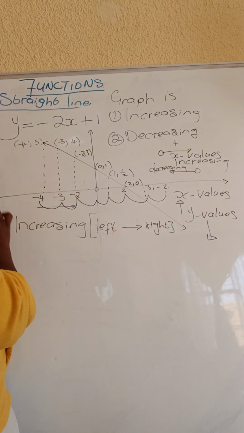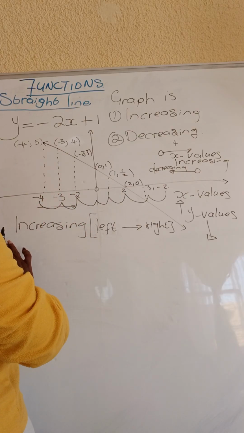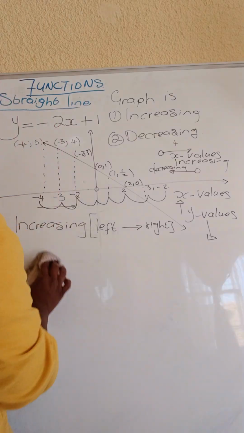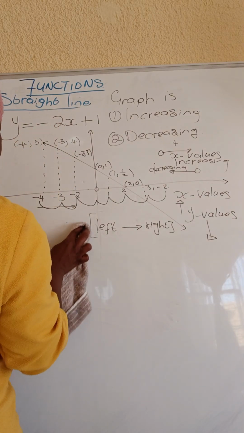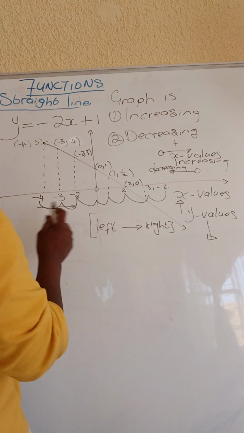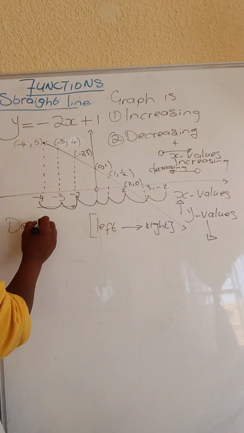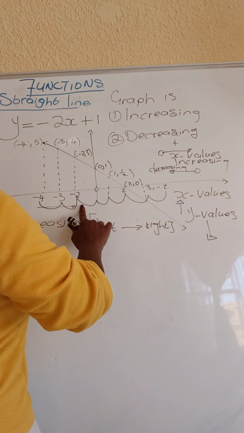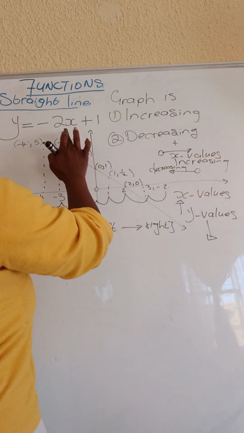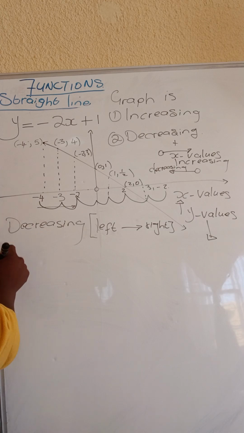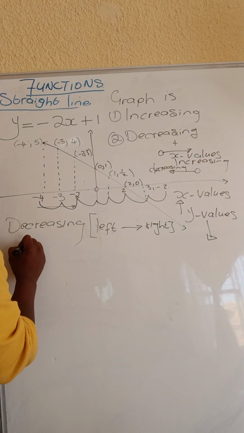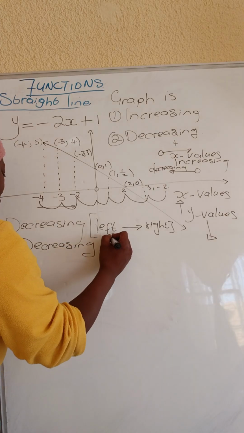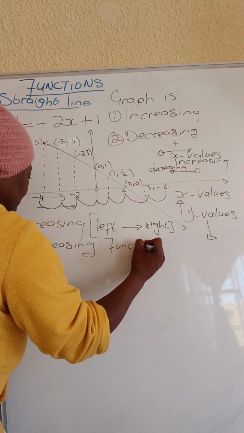This is a decreasing function. I don't know why I wrote increase, so I'm going to write decreasing, because I'm discussing a decreasing function now. As my x values are increasing, my y values are decreasing, and we call that a decreasing function, or where the function decreases.